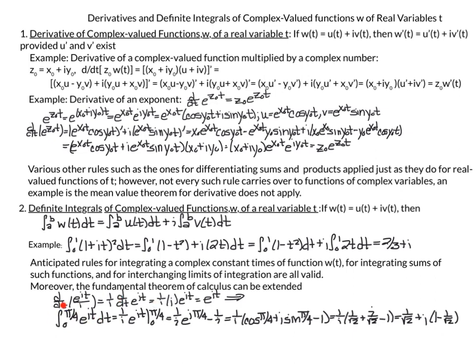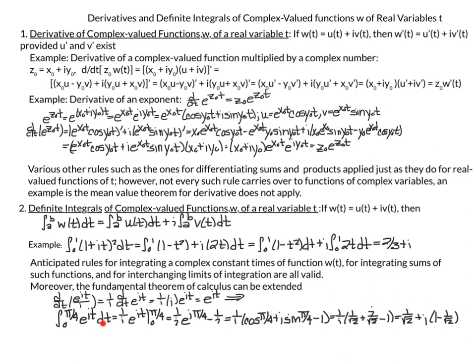We also had this last example here. We used the fact that the derivative of e to the it over i is equal to 1 over i, just pulling out the constant 1 over i, times the derivative of e to the it, which is equal to e to the it. So we use that in our integral from 0 to pi over 4 of e to the it dt.